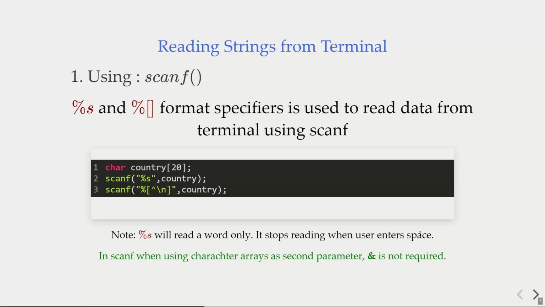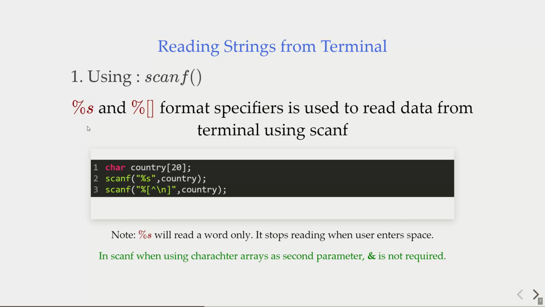All these things are fine, but when it comes to entering strings, the C compiler provides you with 2 additional format specifiers which you can use to get input from the user, where the user can enter strings. The first one is %s. We will be using this quite often.